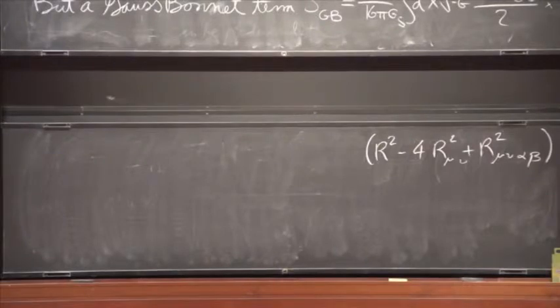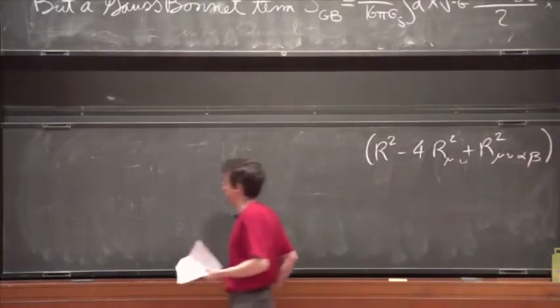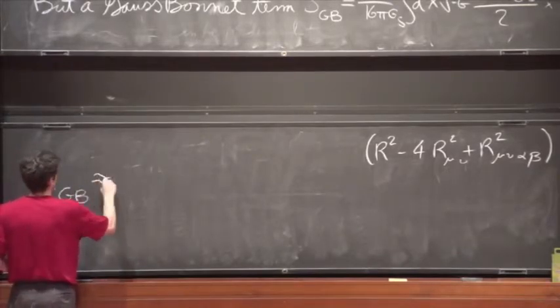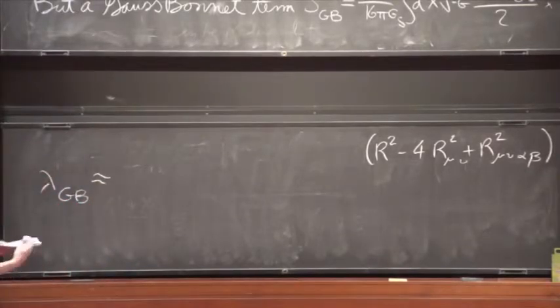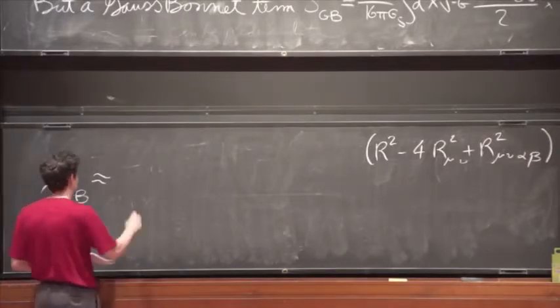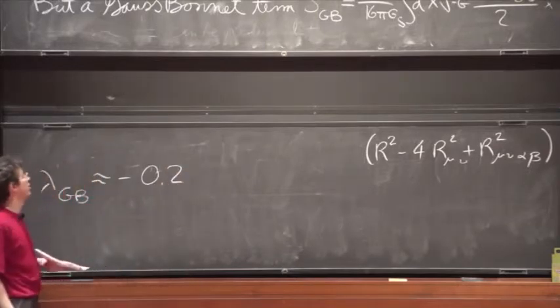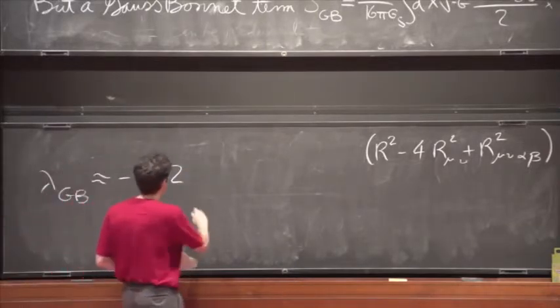You then redo the computation very much along the same lines. You get a slightly different dE/dx. But that's not all. Evidently, your dE/dx has the opportunity now to depend on lambda Gauss-Bonnet, but there's a reason to pick a particular value for lambda Gauss-Bonnet.